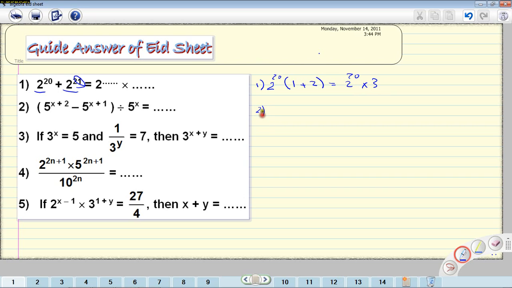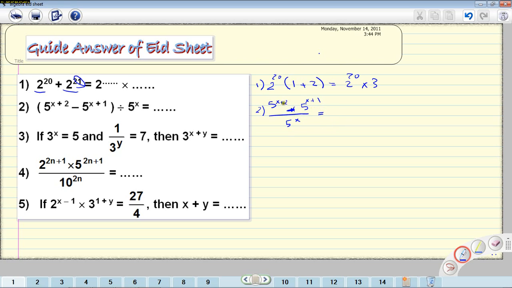Number 2, it says 5 to the power x plus 2 minus 5 to the power x plus 1 divided by 5 to the power x. I'm going to write it in another way: 5 to the power x plus 2 minus 5 to the power x plus 1 over 5 to the power x. Actually, I'm sorry, it's minus.